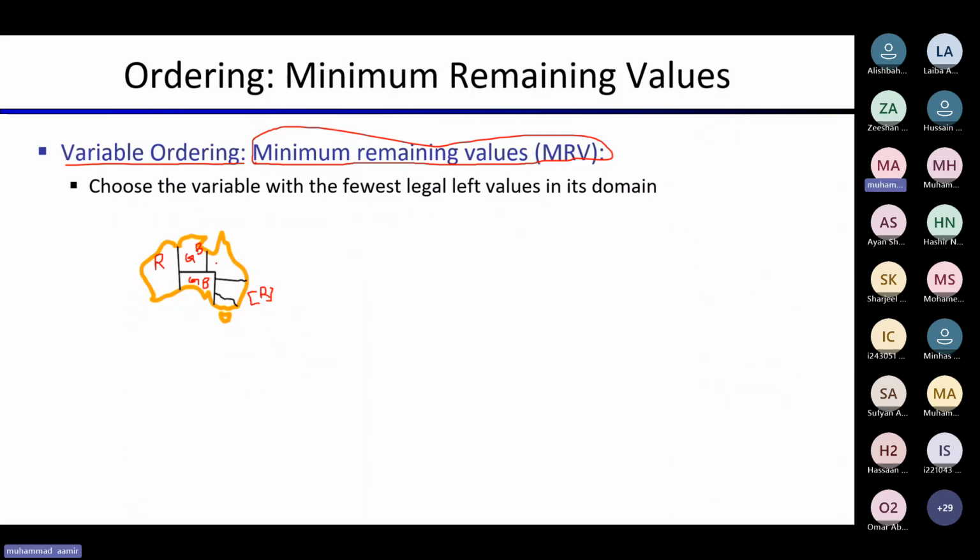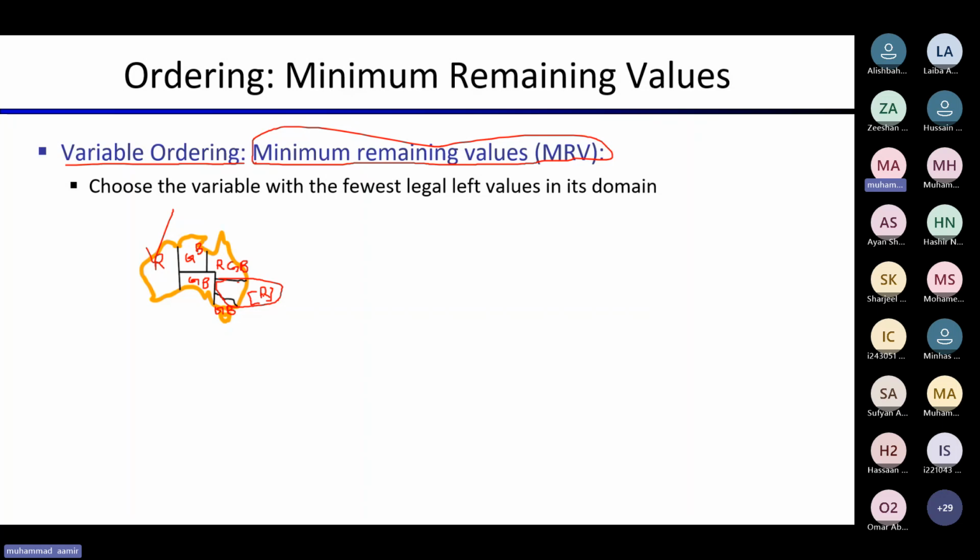This territory has, let's say, red, green, and blue, all three options available. This has only red. This has green and blue. Which variable will we select next? We will select the variable after this assignment which has the least, the minimum, remaining values.